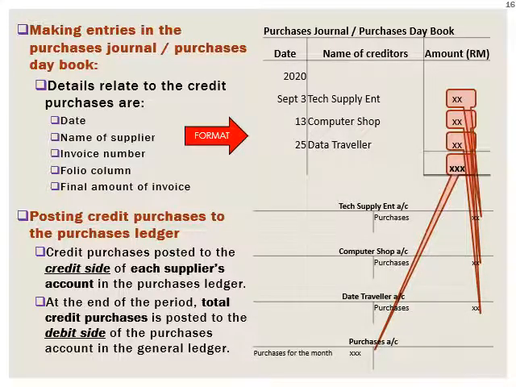These are called the creditors' personal ledgers, and the transaction is recorded on the credit side since they are the creditors. As for the purchases T account, the total amount from the purchases journal will be transferred to this purchases T account on the debit side.